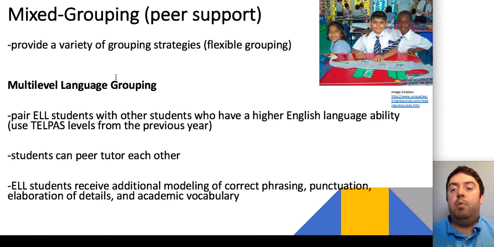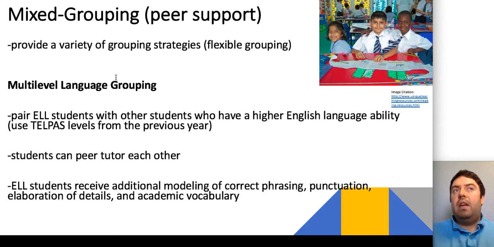Another way to provide support for students is to provide mixed ability grouping or heterogeneous grouping. Another term could be just called peer support or collaborative learning. Basically, the benefit of having multi-level language grouping and ability grouping is twofold. First of all, when you provide students with multi-level language ability grouping, students are going to learn academic vocabulary, proper phrasing, punctuation from their peers.